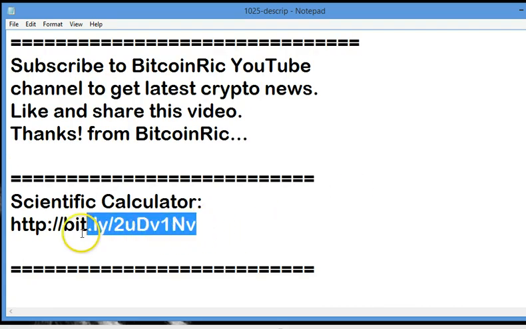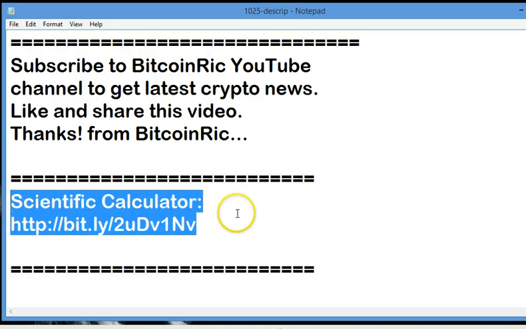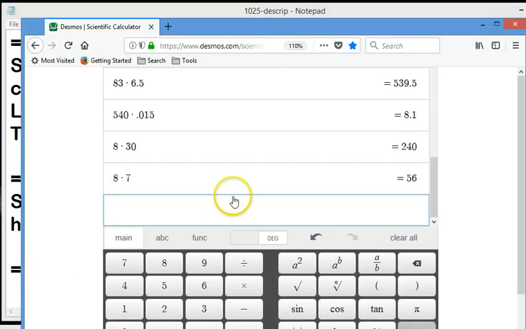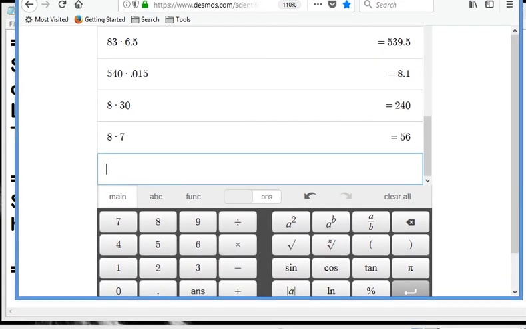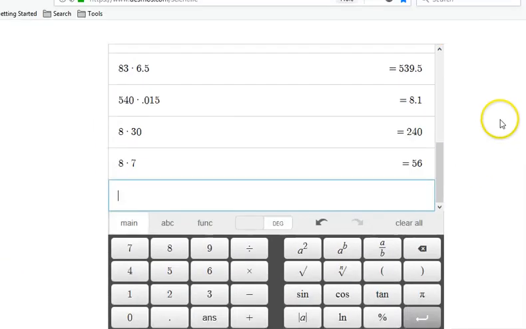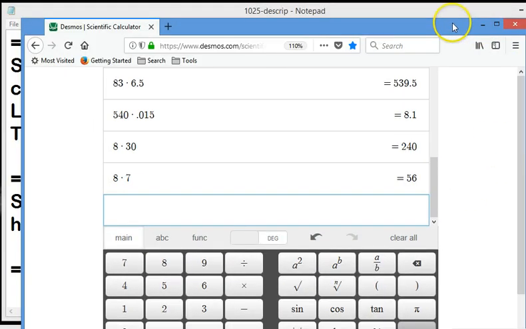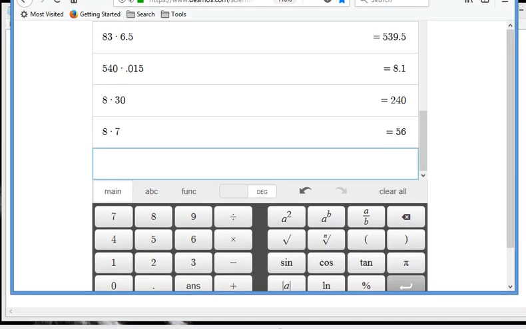I have included a link to a scientific calculator that I use. See if I can pull that up for you. This one right here is pretty neat. I like it. It's really handy, and it's free, it does not cost you anything.